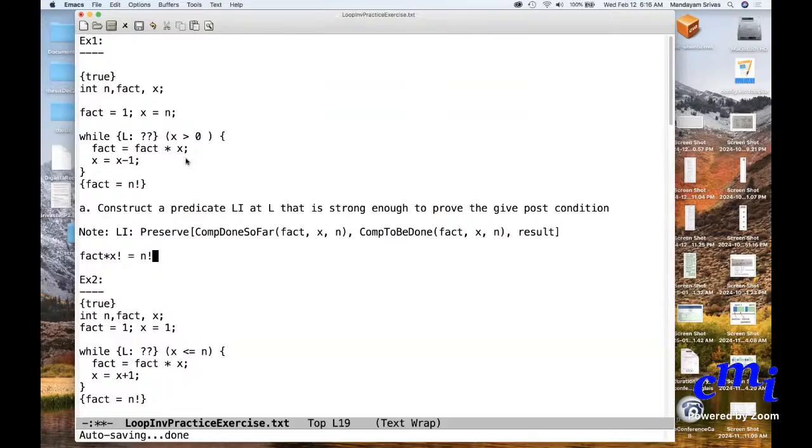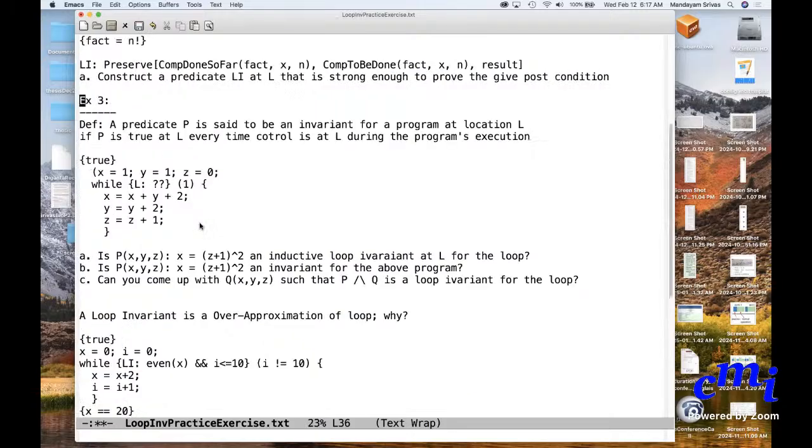That's what the loop invariant predicate captures. It has to be some predicate expressing a relationship between three entities: the computation that has been done till now, and the computation yet to be done in future iterations, which could be related to what you need to accomplish as a result, which is captured in the post condition. Okay, so thank you, Lucky.